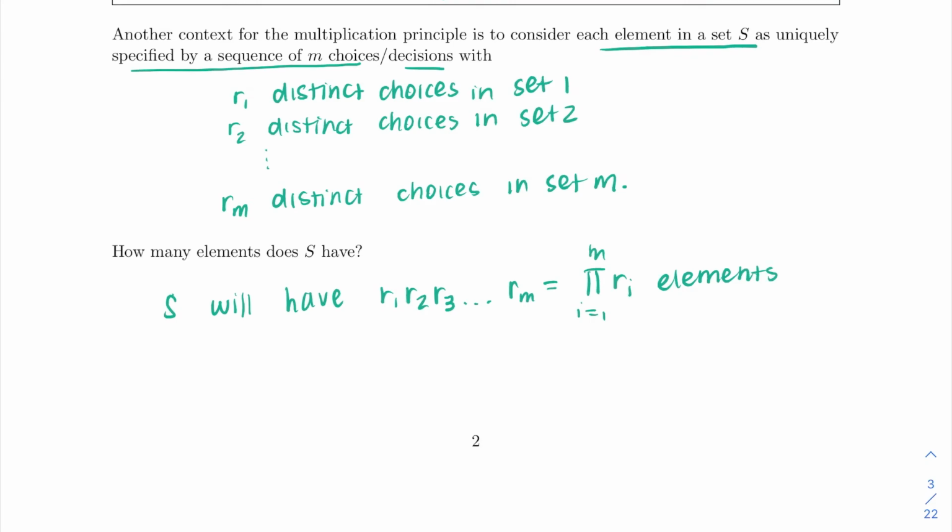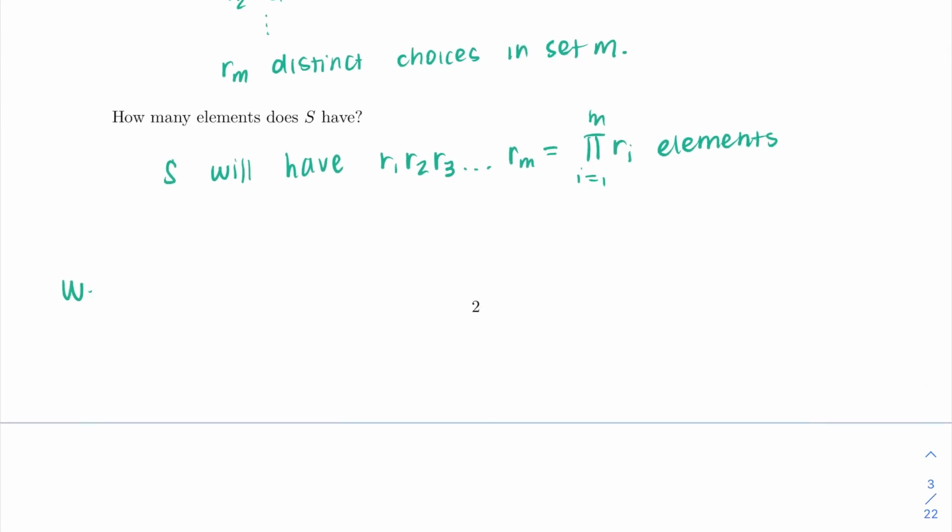It's just another context because we will often refer to multiplication principle, I'm abbreviating it here, as making a sequence of decisions.